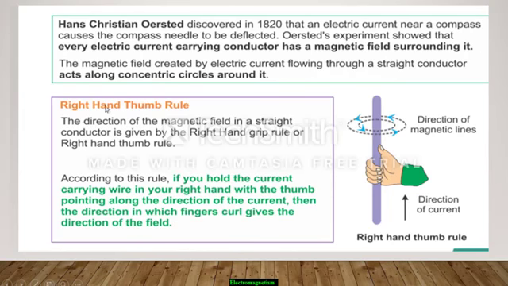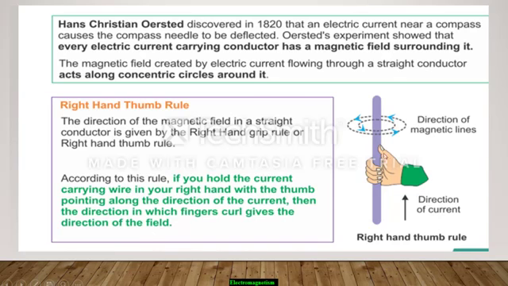Now this right hand thumb rule, let's see what it states. The right hand thumb rule gives the direction of the magnetic field in a straight conductor by this right hand grip rule. If we hold the current carrying conductor in our right hand with the thumb pointing along the direction of the current, then the direction in which the fingers curl gives the direction of the field.